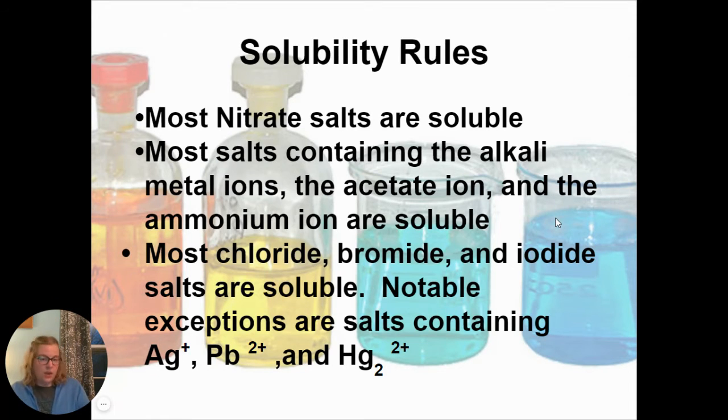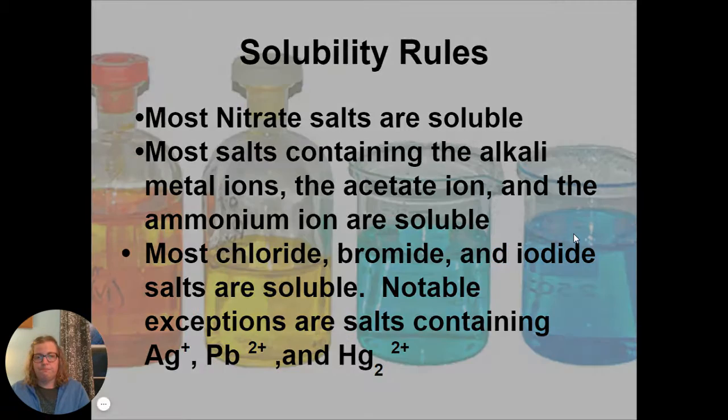If you have a chloride, a bromide, or an iodide salt, they generally will dissolve unless they are partnered with a heavy metal, and that would be silver, lead, and the mercury 2, 2+ ion. So if you see a silver chloride, a lead chloride, or a mercury chloride, those are going to be insoluble and they will not dissolve. So that big metal that's attached to it will make it not able to dissolve.